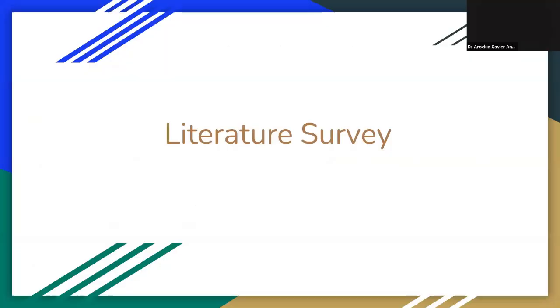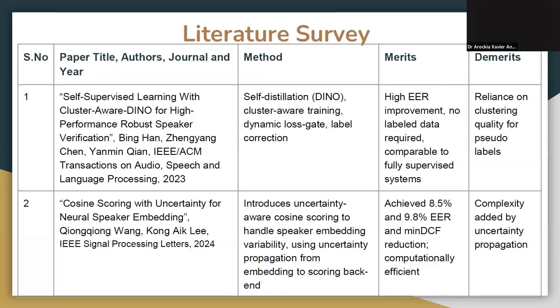So going through the literature survey, most of the content has been taken from IEEE/ACM Transactions on Audio, Speech, and Language Processing, or from IEEE Signal Processing Letters. In the first paper, self-supervised learning with cluster-aware DINO for high-performance robust speaker verification, this method utilizes self-distillation cluster-aware training.